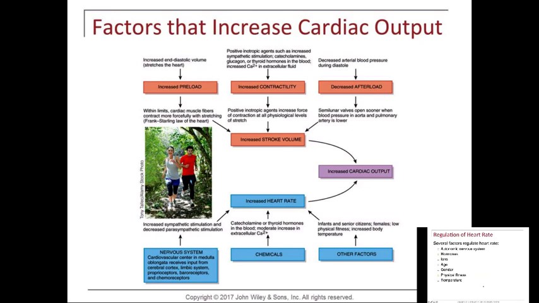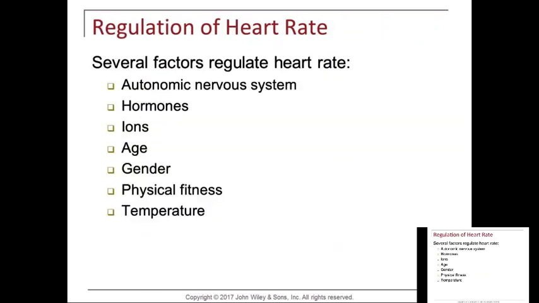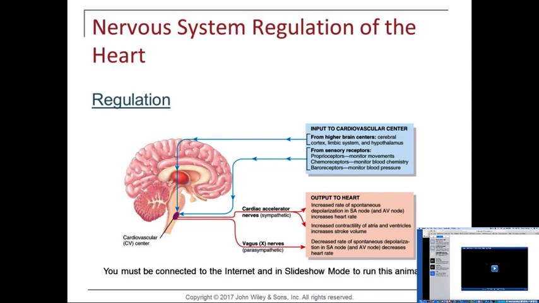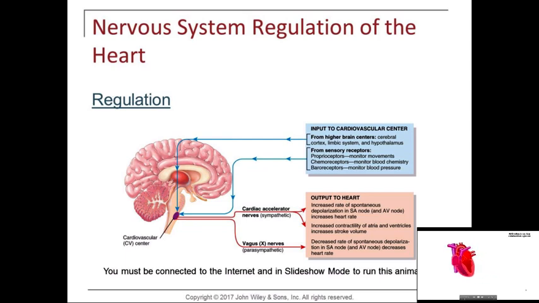Several factors regulate heart rate: the ANS, the autonomic nervous system, hormones, ions, age, gender, physical fitness, and temperature. Let's look at the regulation. The autonomic nervous system can modify the heart's rate in two ways.